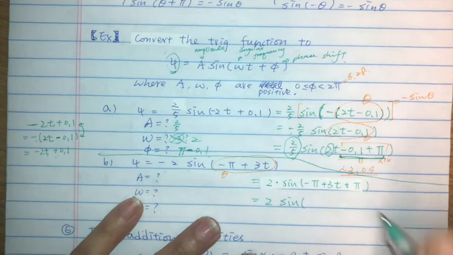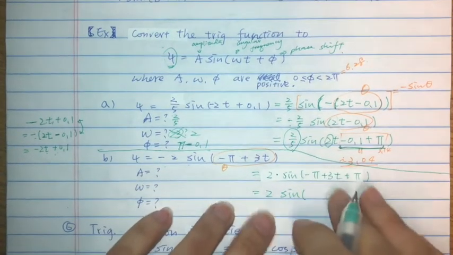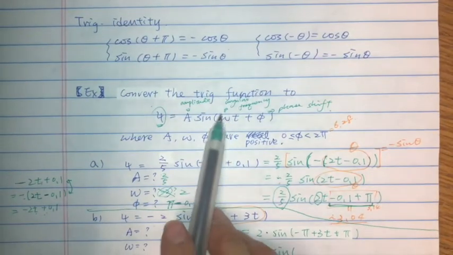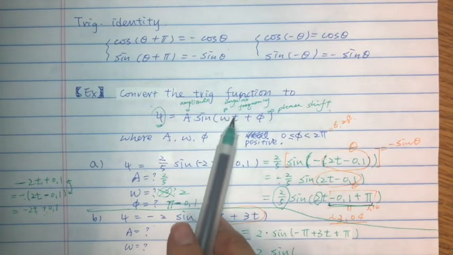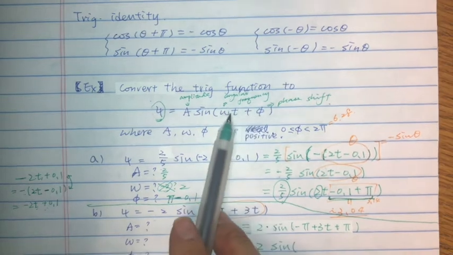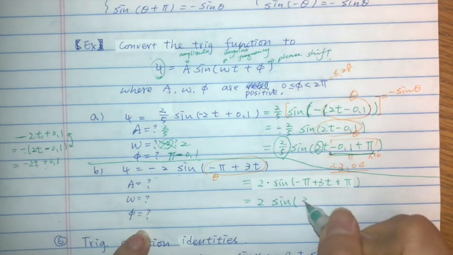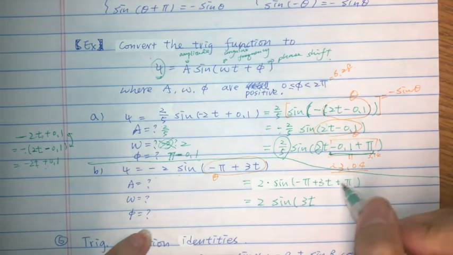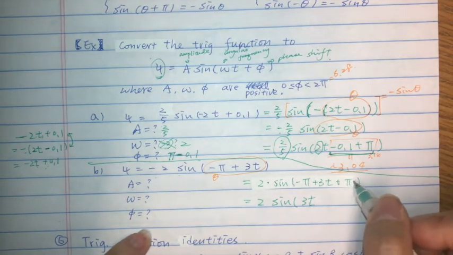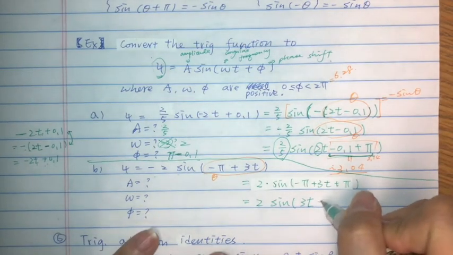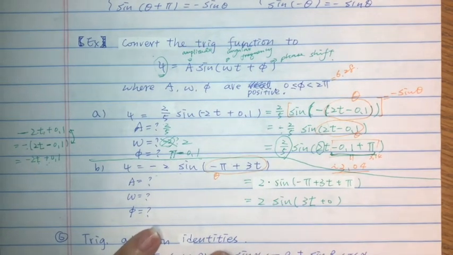So let me massage whatever is in this bracket a little bit. Again, I want to put the variables in front of the numbers. So this is the one with the variables, 3t. And negative pi plus pi would be 0. So that's it. Okay, cool.